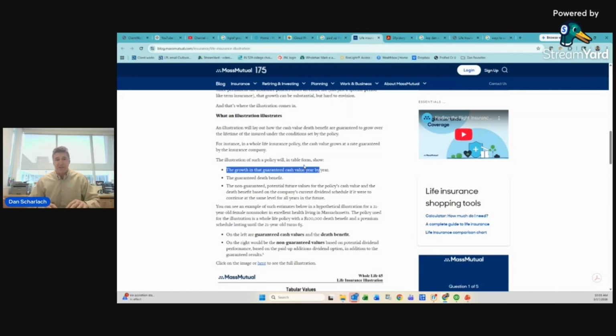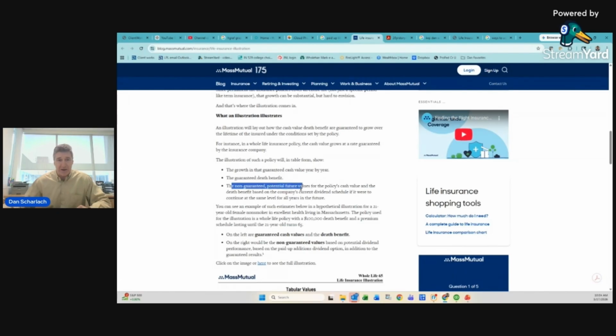There are two parts of these illustrations, a guaranteed part and a non-guaranteed part. The guaranteed part is what's going to happen, kind of worst case scenario. The non-guaranteed part is what will probably happen, but may fall a little short of. Anyway, so the growth of the cash value, and the guaranteed death benefit is the second thing that you're going to see on the illustration.